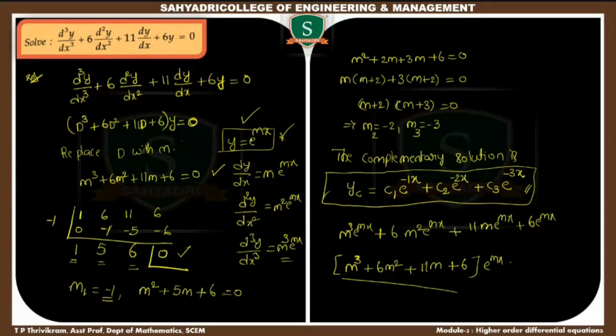We have to take the assumed solution as e power mx. With that intuition, we are replacing d with m. And since we got some values for m, that m value should be the coefficient of x here. So whatever roots we get for m, we write them in exponential form.